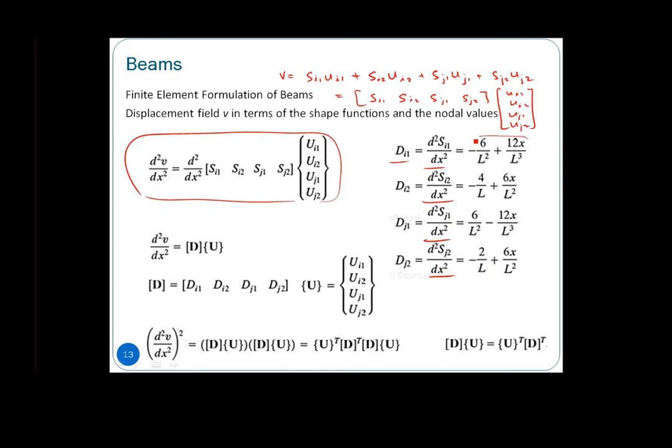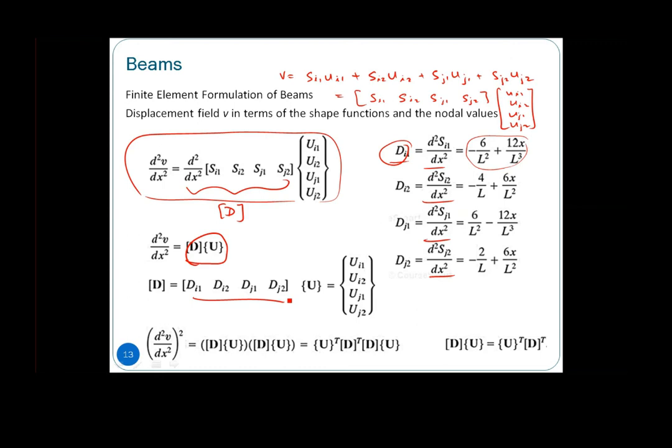So we differentiate two times with respect to x for our shape functions. In matrix form, I can represent this as d. Our d2v dx squared is actually d u in this case, where u is di1, di2, dj1, dj2.